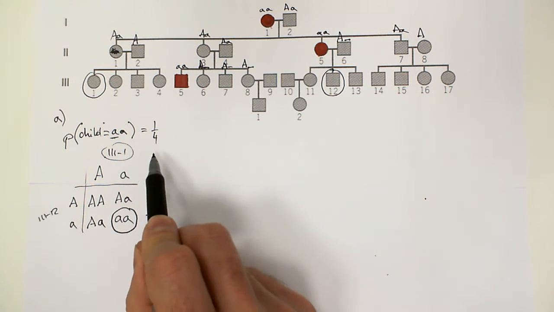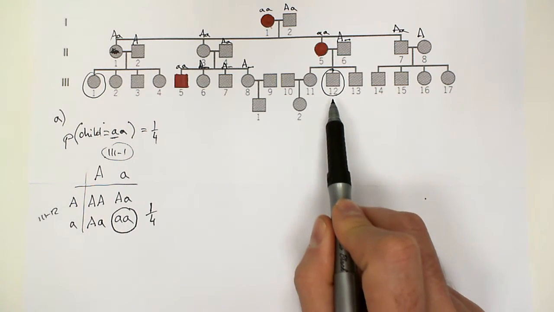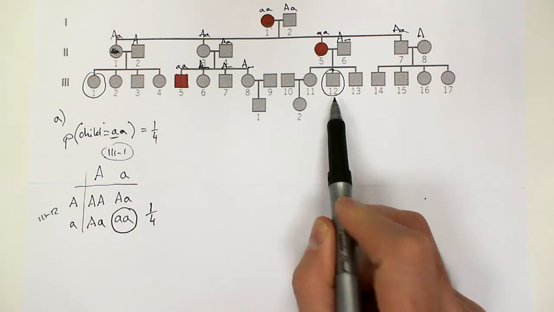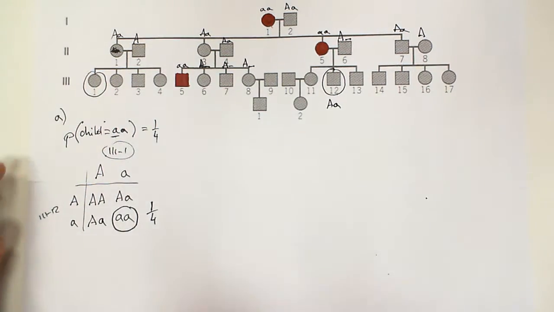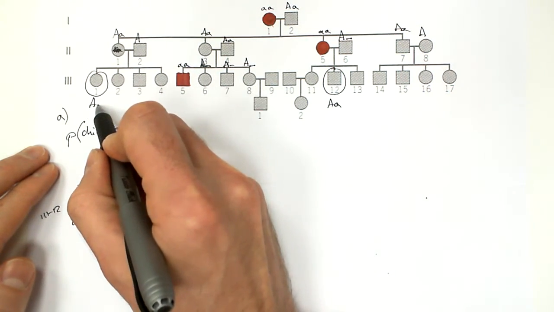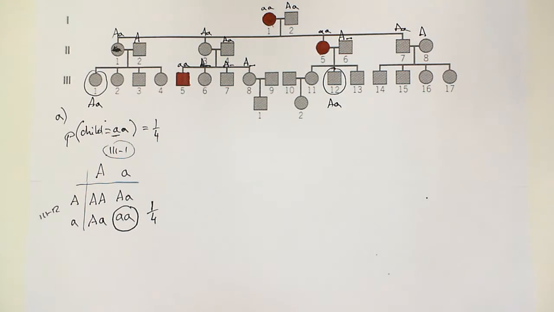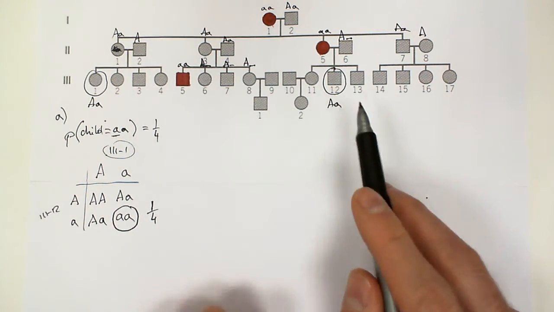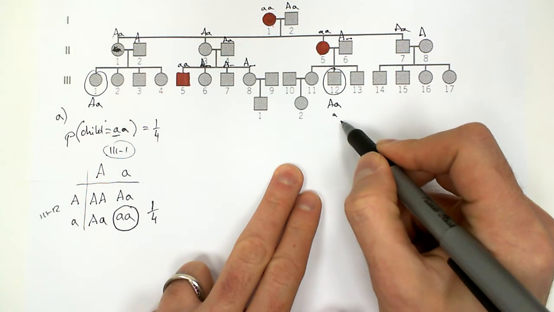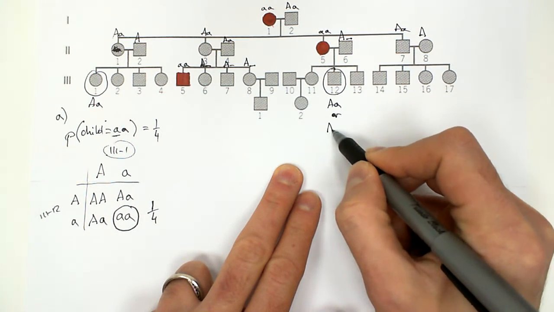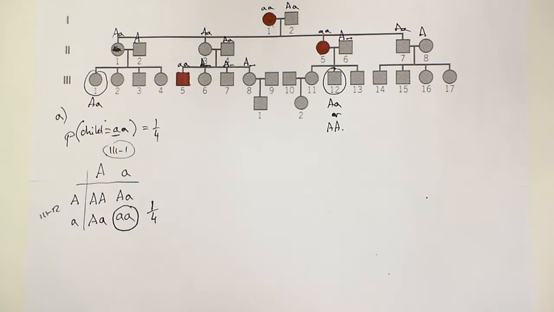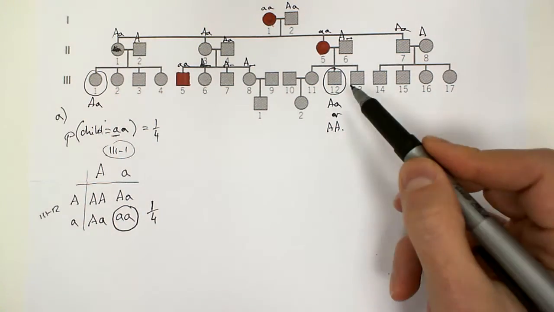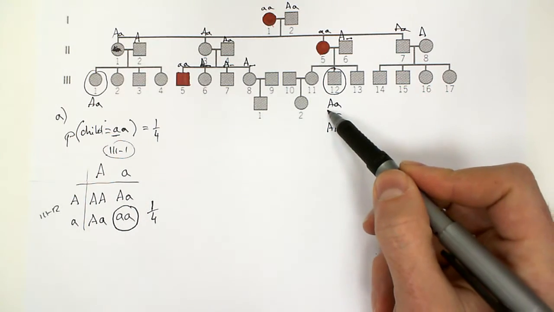This is only true if this individual has the genotype big A, little a, and this individual has the genotype big A, little a. But based on the pedigree that we have, these individuals could also be big A, big A. So what we need to do is also calculate the probability of these individuals being big A, little a.